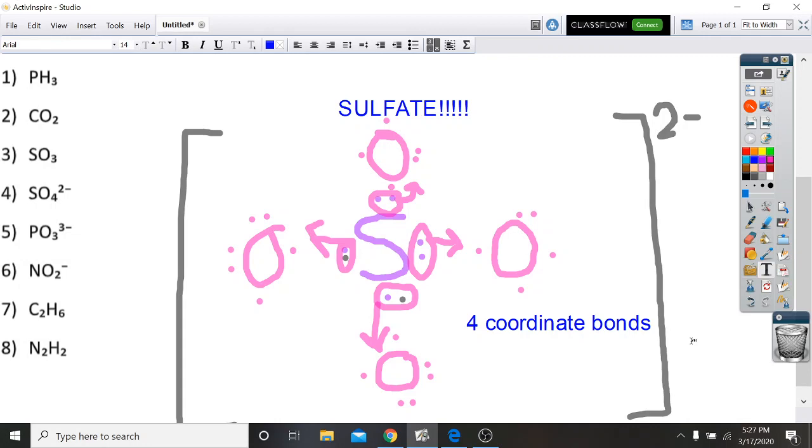That's kind of the same as saying 4 coordinate bonds because coordinate bonds are just like single bonds. What do I mean by that? What I mean is a single bond contains 2 electrons, right? A pair of electrons. And what do these contain? A pair. Between this atom and this one atom, what's being shared are 2 electrons. Same thing as a single bond. So either of these is correct.